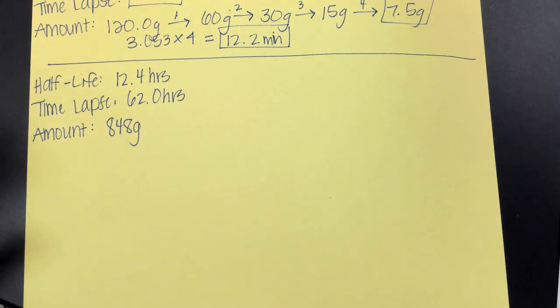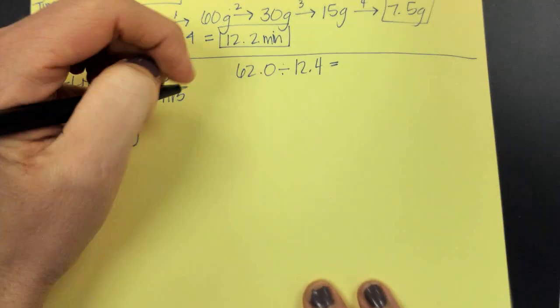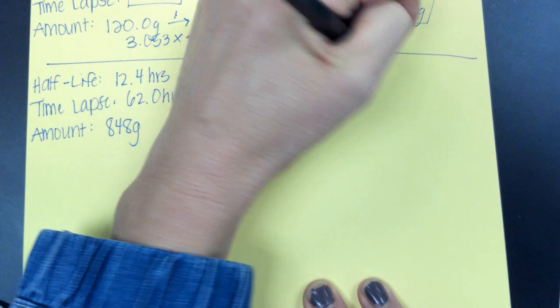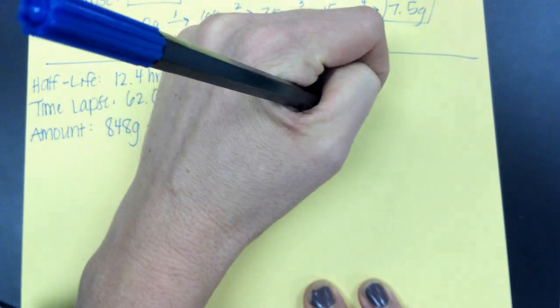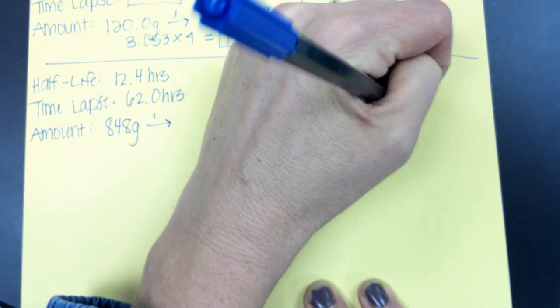So hopefully you're kind of getting the hang of things and you realize we're just dividing 62 by 12.4, and that's going to tell us how many arrows we have, how many half-lives we have, and that is 5 half-lives. So I'm going to draw 5 arrows. 1, 2, 3, 4, 5.